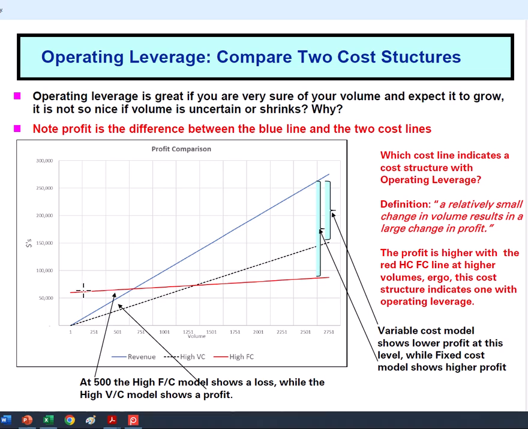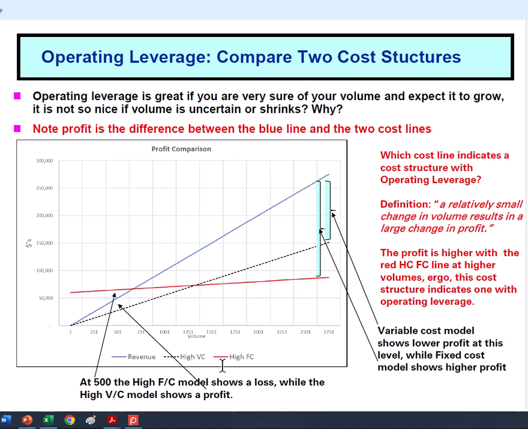And you see the difference between the blue and the red line, how changes in volume, above the break even point, really increase profit pretty well, right?